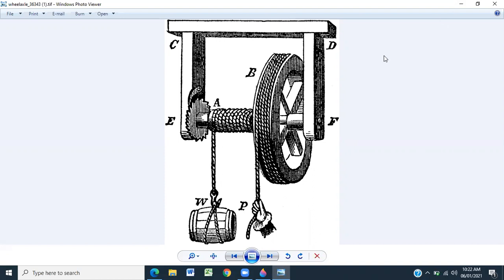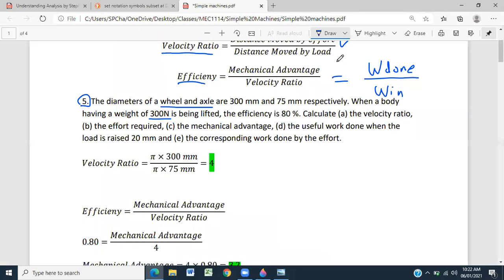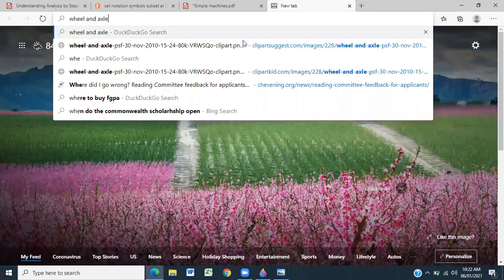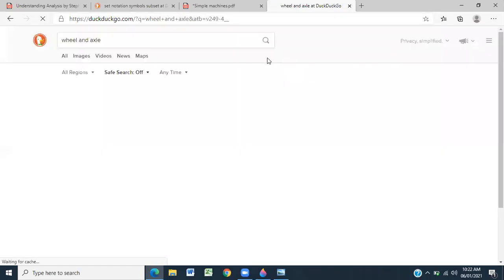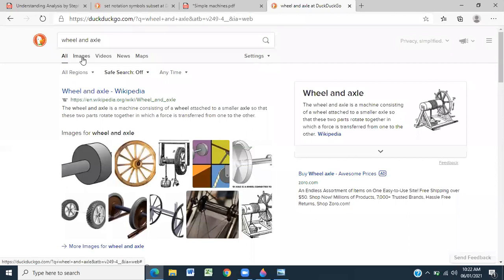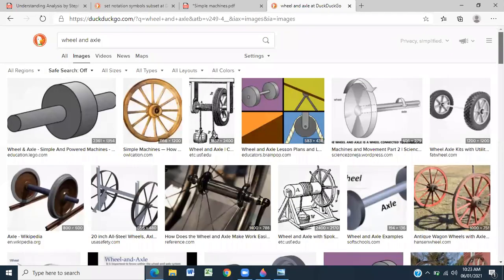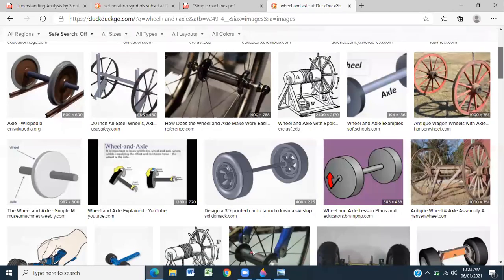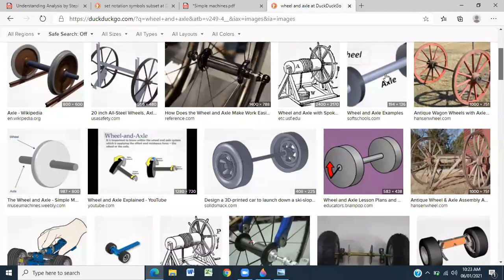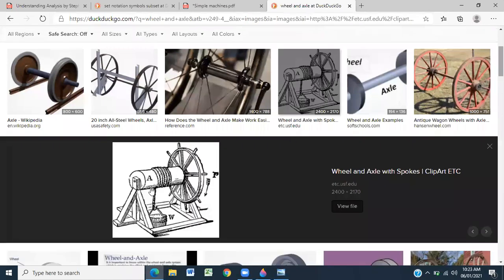You can see it in other ways, like a crank, for example. Something like this is another way to look at it, right?